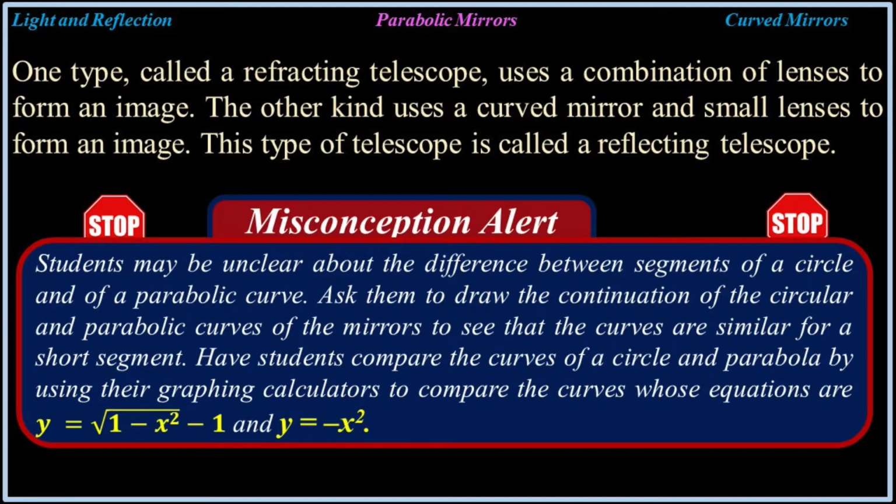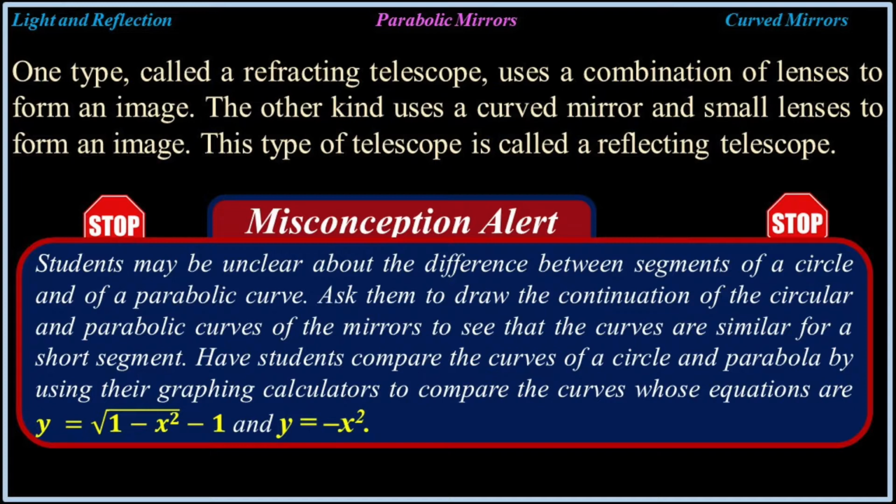Students may be unclear about the difference between segments of a circular and a parabolic curve. Ask them to draw the continuation of the circular and parabolic curves of the mirrors to see that the curves are similar for a short segment.